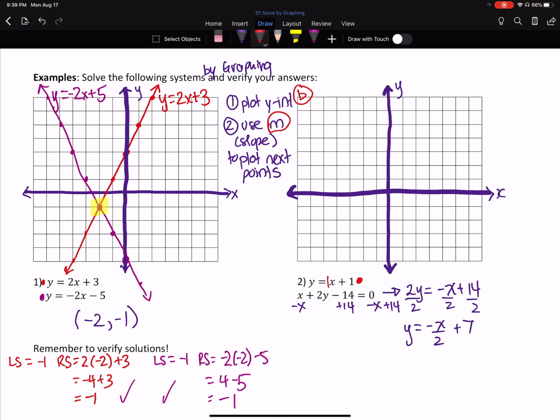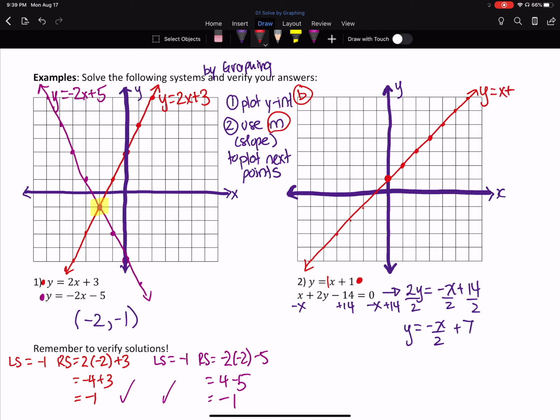That's step 1, which is b, which is positive 1, and then our slope is 1, so it's going to go up 1 over 1, up 1 over 1, and it's going to look like this all the way across, and we can trace it back, and then with a ruler, and then we label.